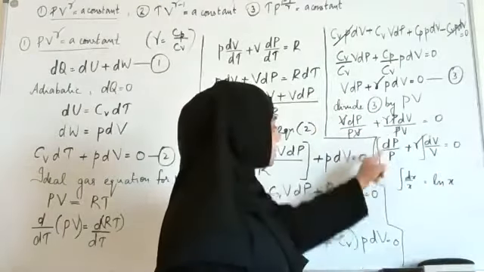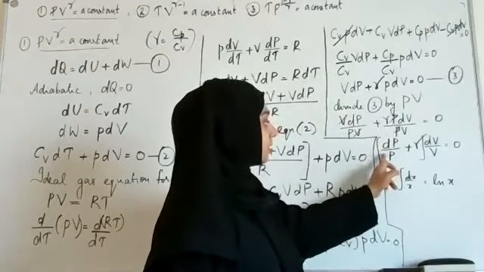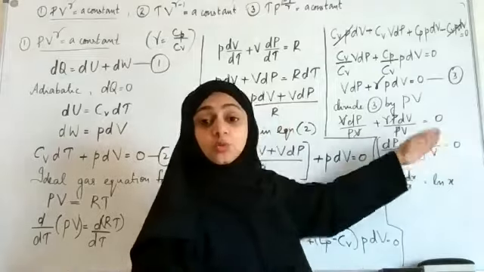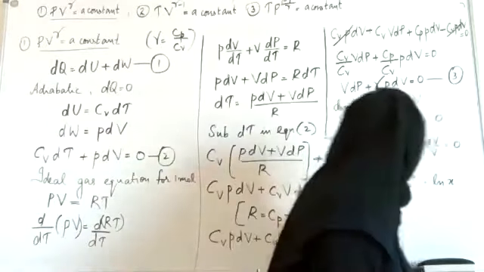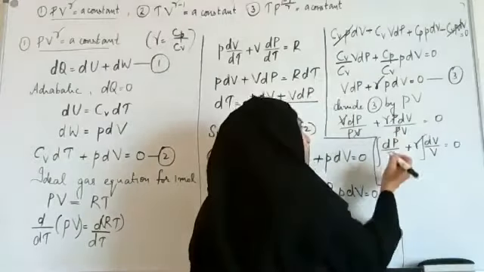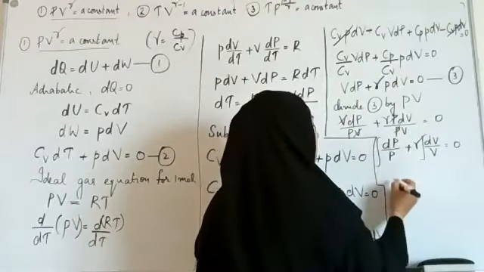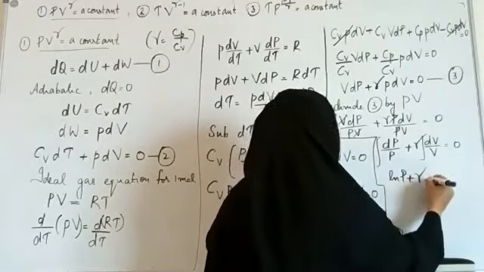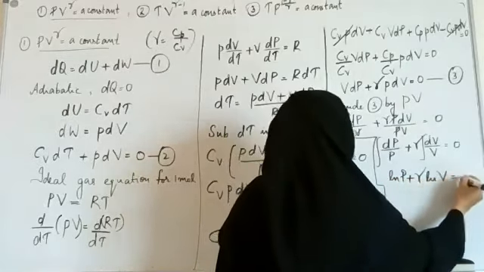So what is integral 1 by p dp? Log p. And what is integral 1 by v dv? Log v. So that's what I am going to do now. Here I have got integral 1 by p dp is log p plus gamma times log v is equal to 0.